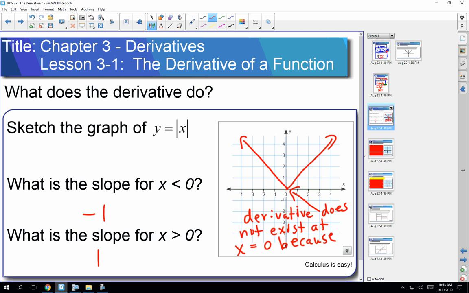But that's fine. We're going to learn that it's a corner. If we were going to be a little more explicit, we'd say the derivative on the left does not equal the derivative on the right. So the one-sided derivatives differ.